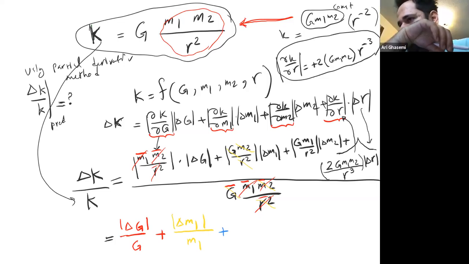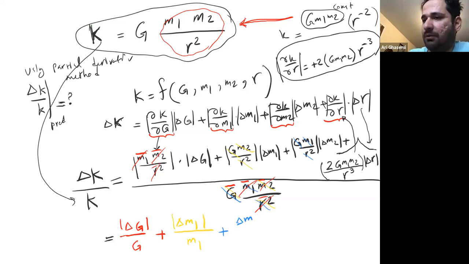Yes, that's right. For the third term, G cancels with G, M1 with M1, R squared with R squared, and you get delta M2 over M2. And what do I get for the last term?